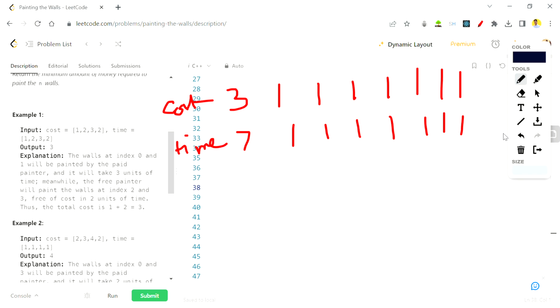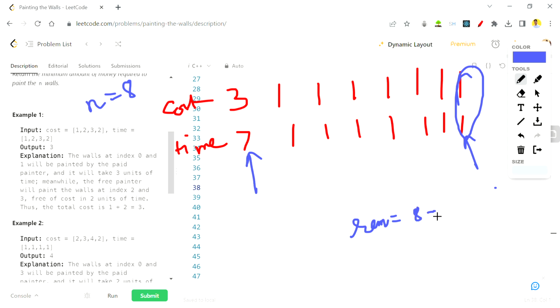If we were to go greedily, I'm going to choose the cheapest one to be assigned to the paid painter. Let's suppose we are given n equals 8 initially: 1 2 3 4 5 6 7 8.